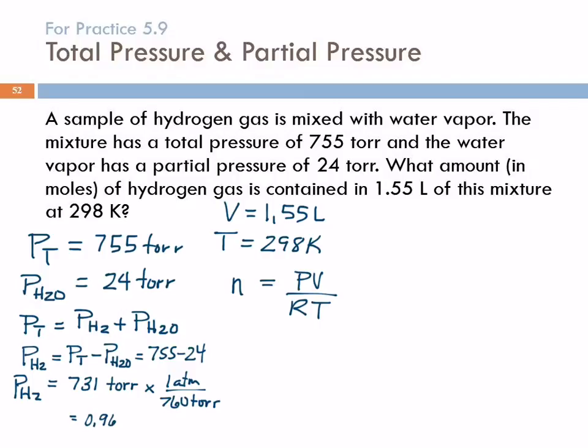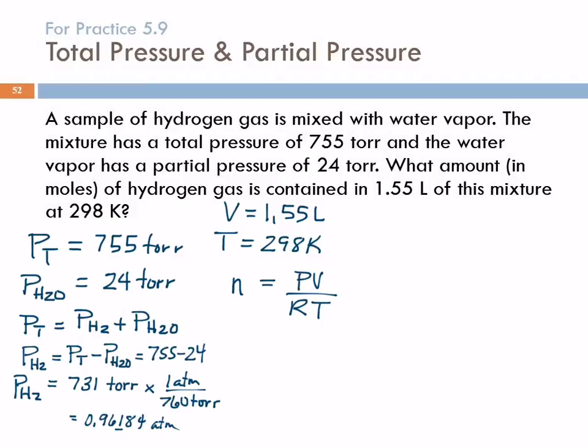Because if you get up to 2, 3, 4 atmospheres of pressure, that's a lot of pressure. And unless you have a very specialized container, it's going to explode. So there's our pressure in atmospheres.